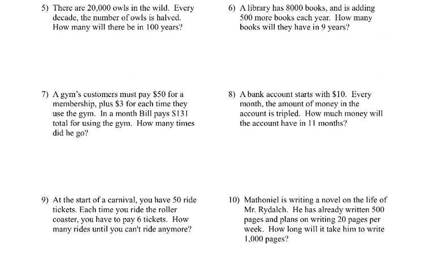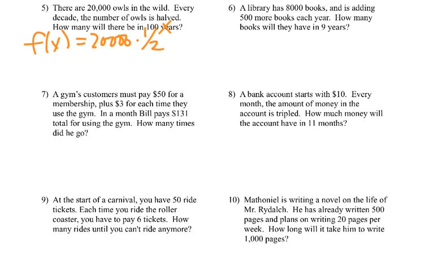Okay, number 5. There are 20,000 owls in the wild. Every decade, the number of owls is halved. How many will there be in 100 years? So f of x equals 20,000. And we're cutting them in half, so we could write divide by 2, but when we do an explicit equation of the exponential, we want to times by 1/2 to the x.